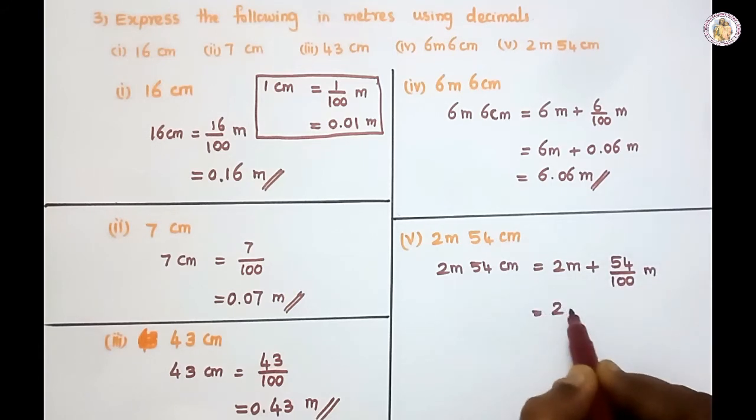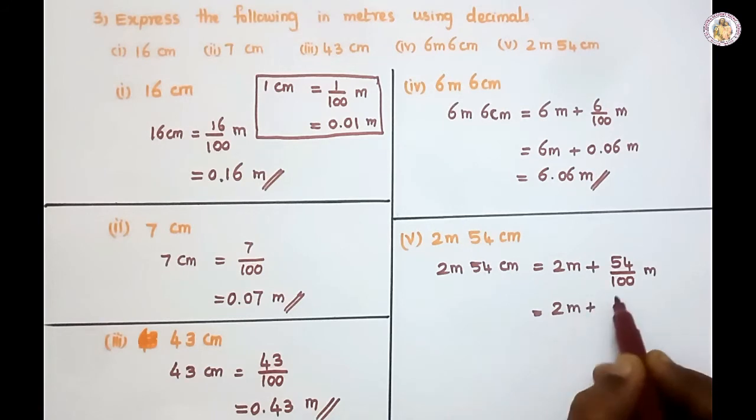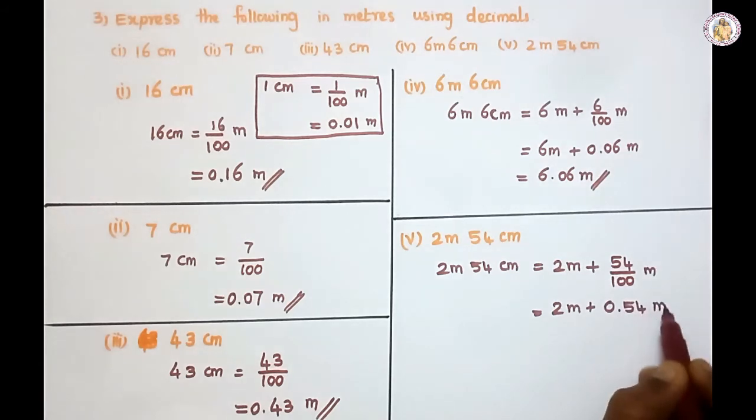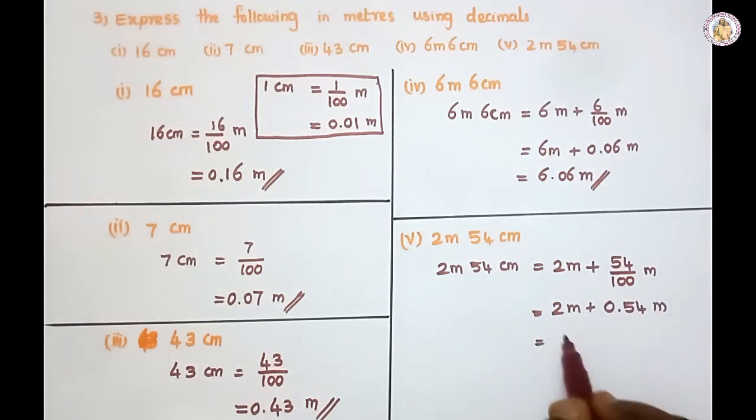Now 2 meter plus, how will you write down 54 by 100? 0.54. Now both are meters, so we have to add those numbers. 2 plus 0.54. 2 plus 0, 2, here 54. So 2.54 meter is the answer.